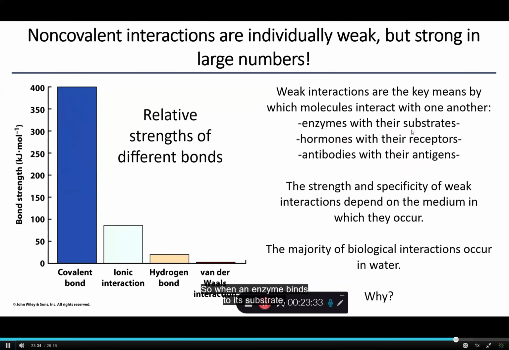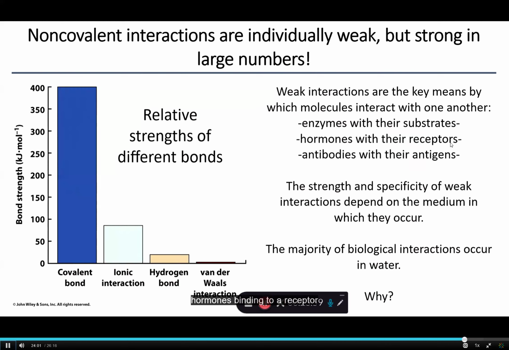So when an enzyme binds to its substrate, it's binding by ionic interactions and hydrogen bonding. Why? Because an enzyme has to be able to release that substrate as easily as it can bind that substrate in order for the process to finish correctly. Same with hormones and their receptors. A hormone comes together with its receptor via ionic interactions and hydrogen bonding in an aqueous environment.